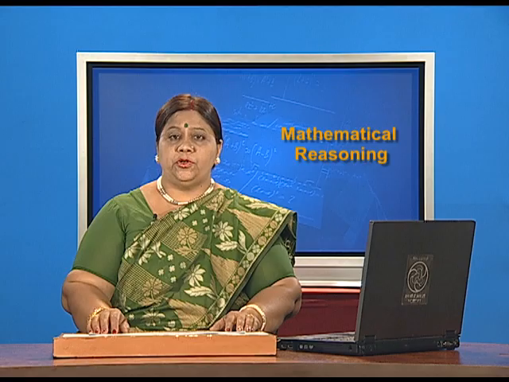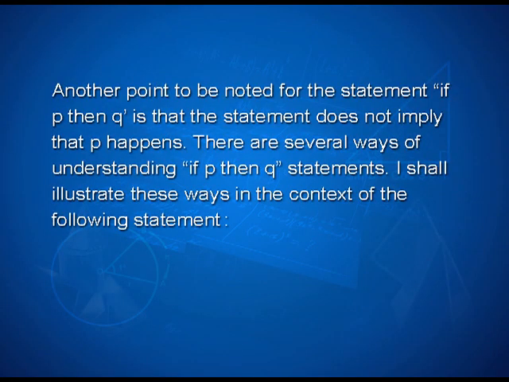Another point to be noted for the statement "if P then Q" is that the statement does not imply that P happens. There are several ways of understanding "if P then Q" statements. I shall illustrate these ways in the context of the following statement.